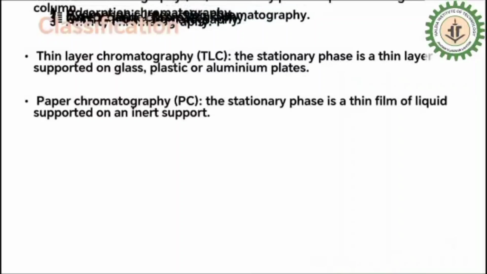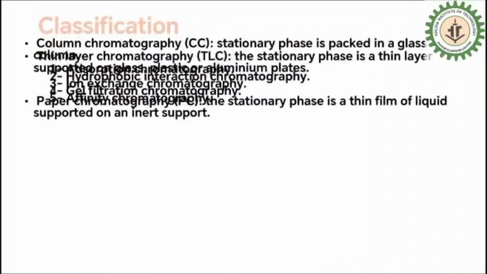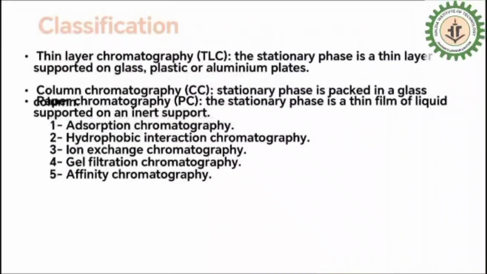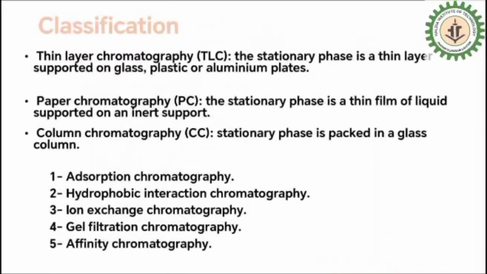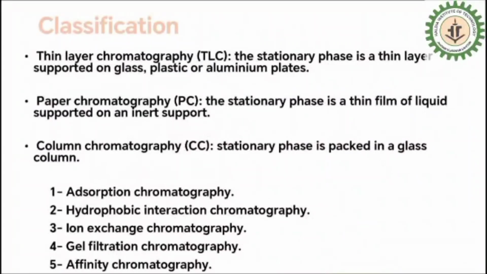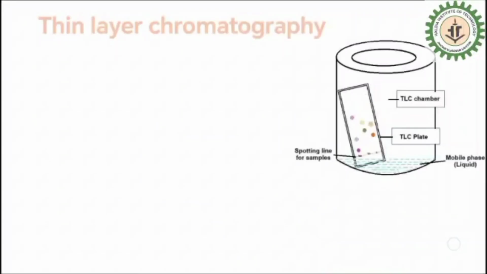And the third category is column chromatography. Here, the stationary phase is packed into a glass column. It can again be divided in 5 major categories: adsorption chromatography, hydrophobic interaction chromatography, ion exchange chromatography, gel filtration chromatography, and affinity chromatography. Now I will discuss all these one by one.